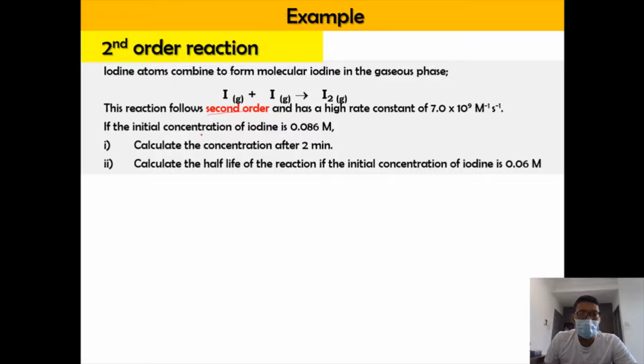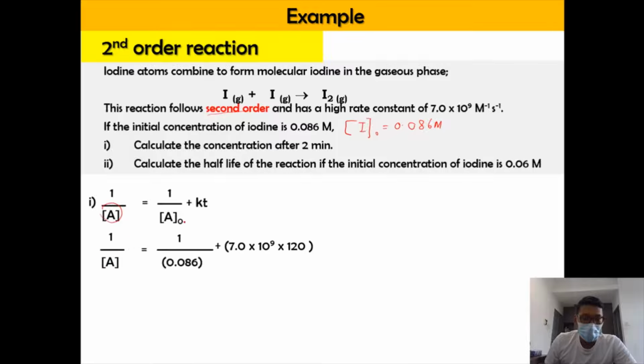If the initial concentration of iodine is 0.086 molar, calculate the concentration after 2 minutes. We can use the integrated rate law here, and we need to find [A]. [A]₀ is given, which is 0.086, the initial. k here is 7 × 10⁹.